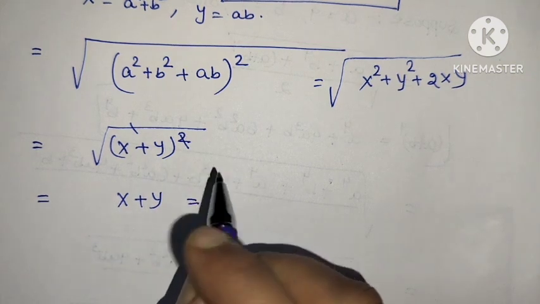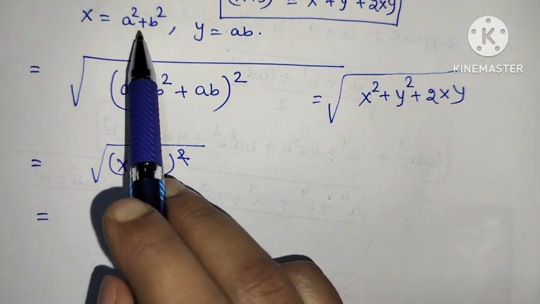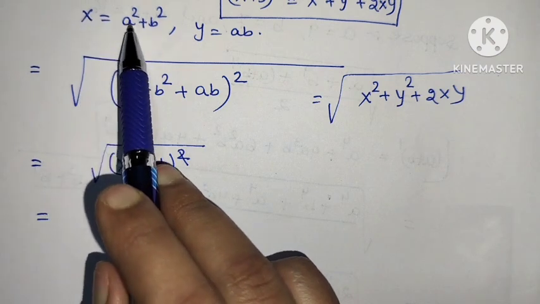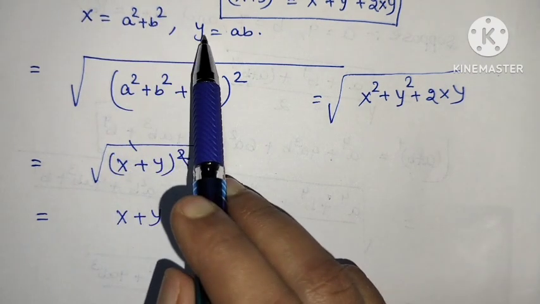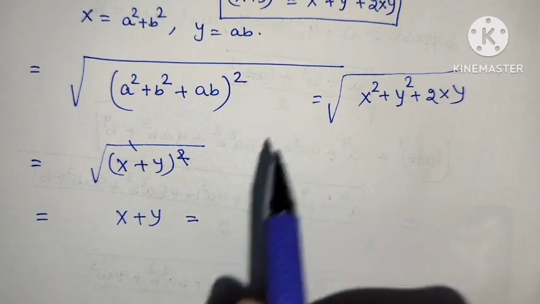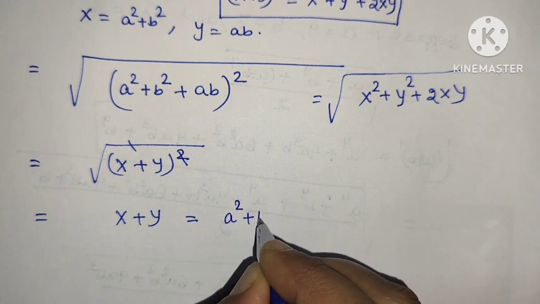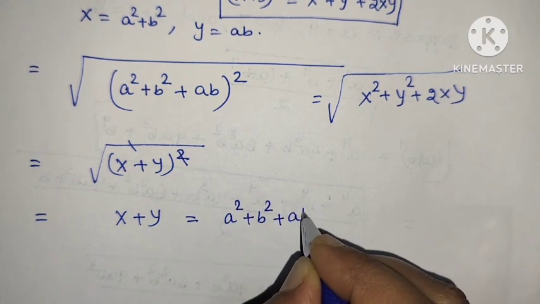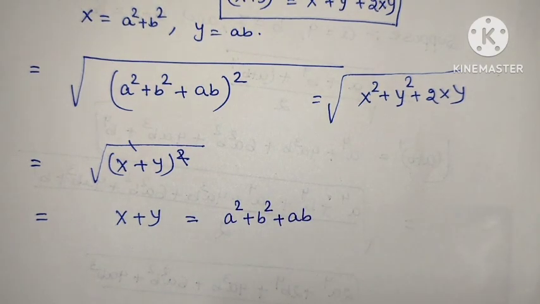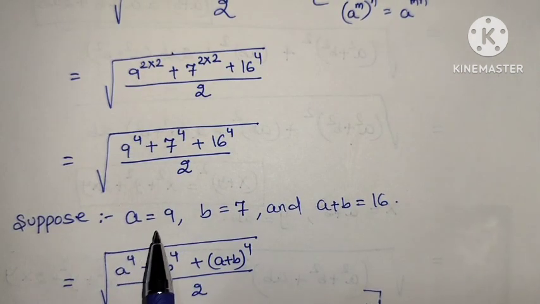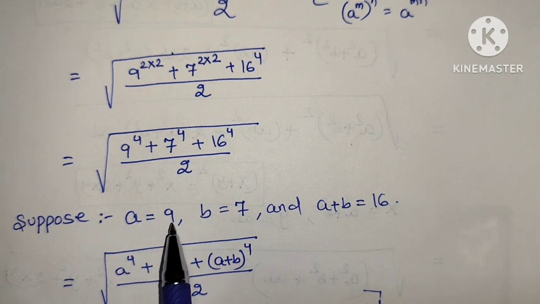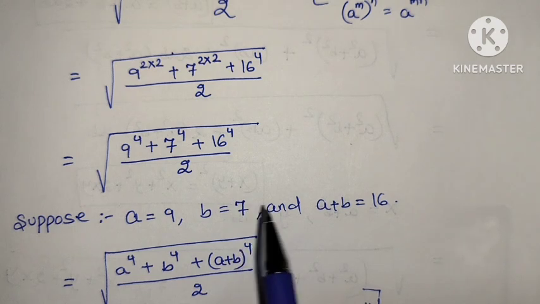Then what is X plus Y? We take X is equal to A square plus B square and Y is equal to A into B. Then A square plus B square plus AB. What do we take? We take A is equal to 9, B is equal to 7 and A plus B is equal to 16.